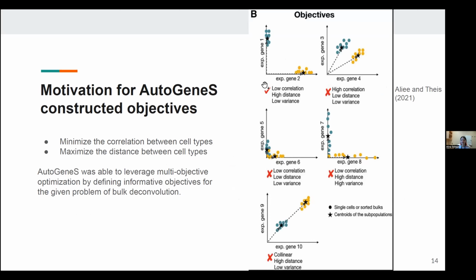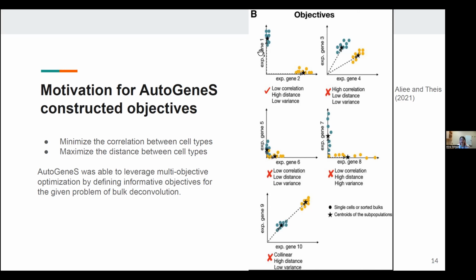The top left box is the most desirable case, that's the one that they want. On the axis, we have the expression of a gene, and we have a pair of genes here. So these would be the discriminating genes that we are possibly selecting, right? Different circles represent cells, and we've measured the expression of that gene in that cell. And then the colors correspond to cell types, right? So you can see that this is a good case.